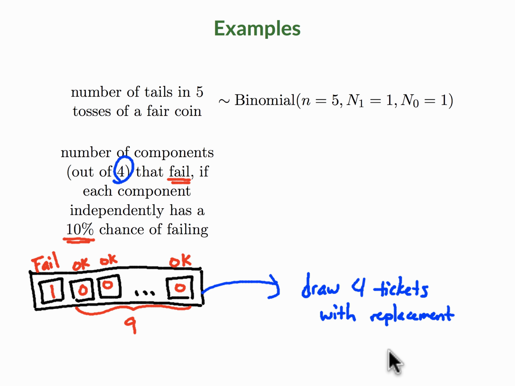Now, the number of 1 tickets in those 4 draws corresponds to the number of components that fail. So I know it has a binomial distribution. But with what parameters? Well, the number of draws is 4, the number of 1 tickets is 1, and the number of 0 tickets is 9.